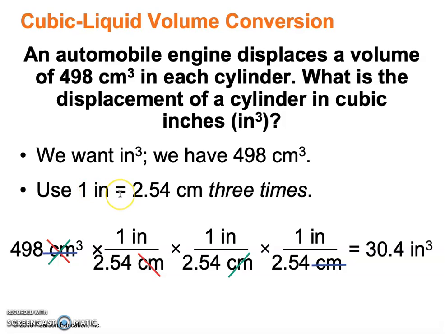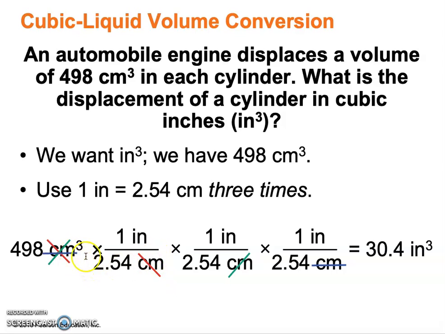1 inch equals 2.54 centimeters, cubed. So you start with what is given to you: 498 cubic centimeters, and then you use the unit factor of inches and centimeters, three times. Cubic centimeter means 3 centimeters multiplied together, remember from the previous slide.